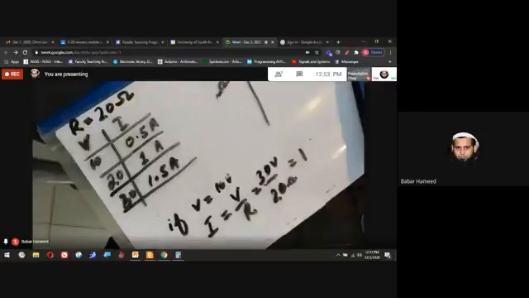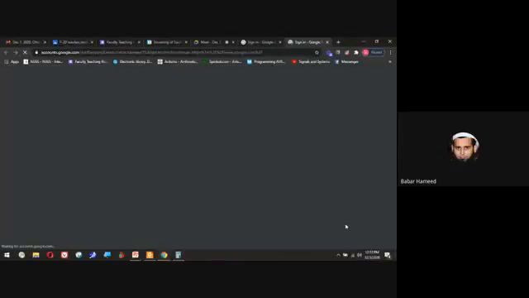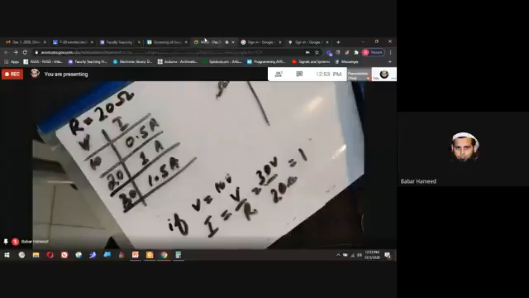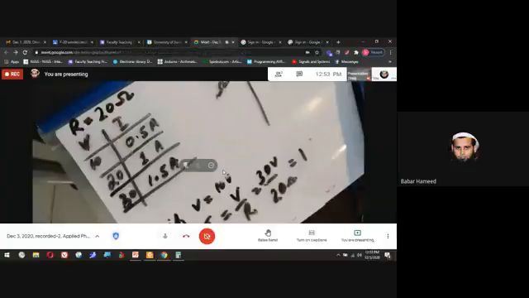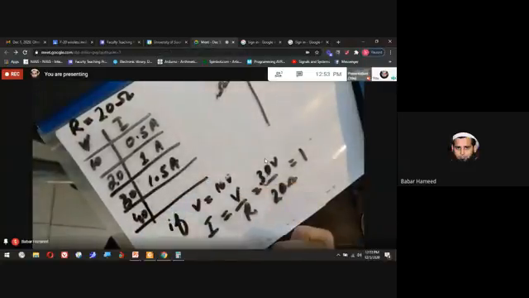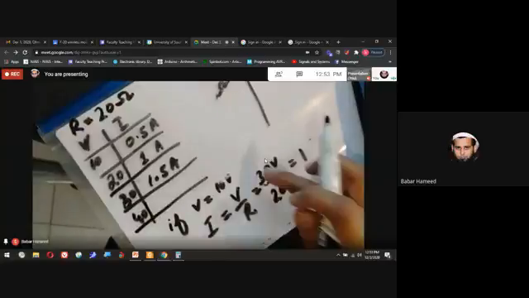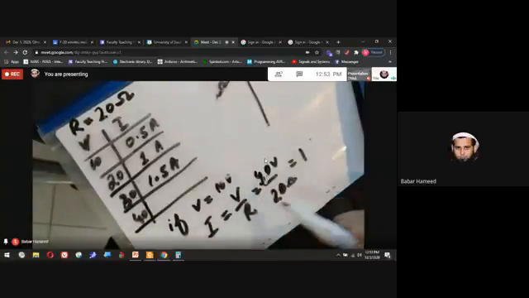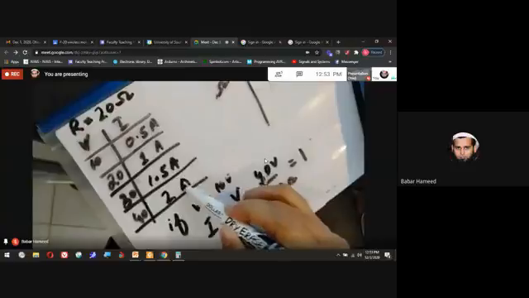So hope you are getting the point. If we increase our voltage further to 40 volt, it will be 40 over 20, 2 ampere.